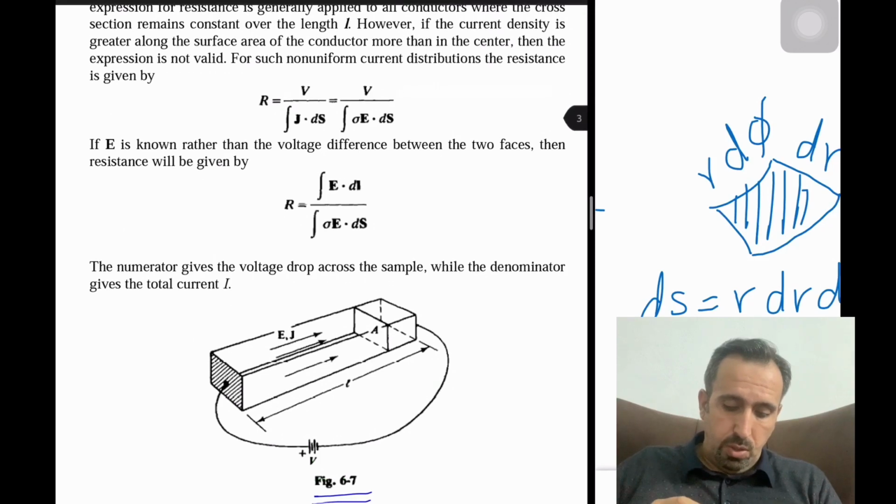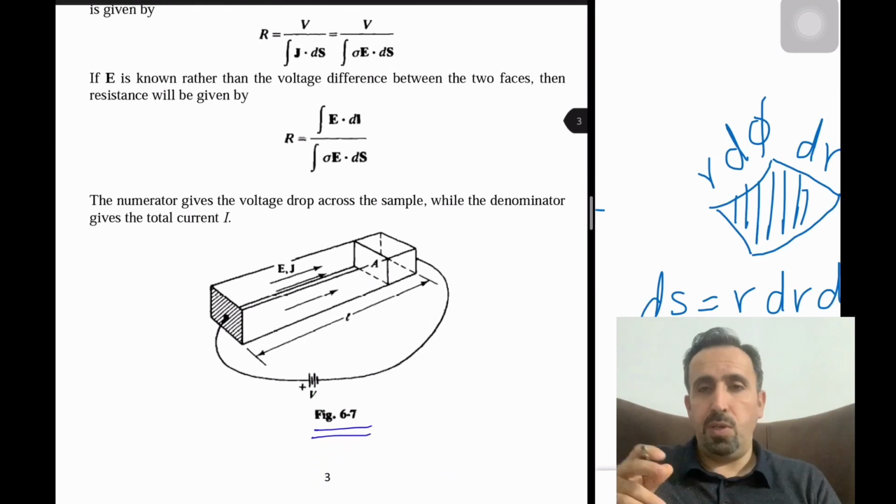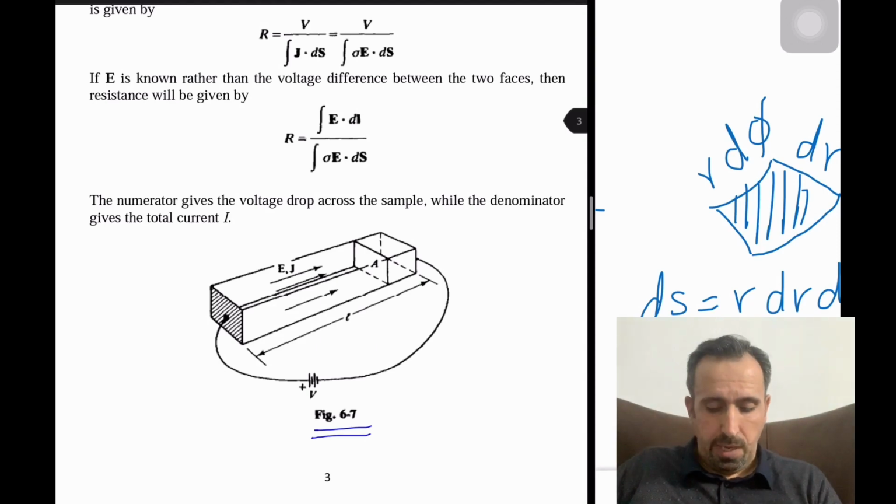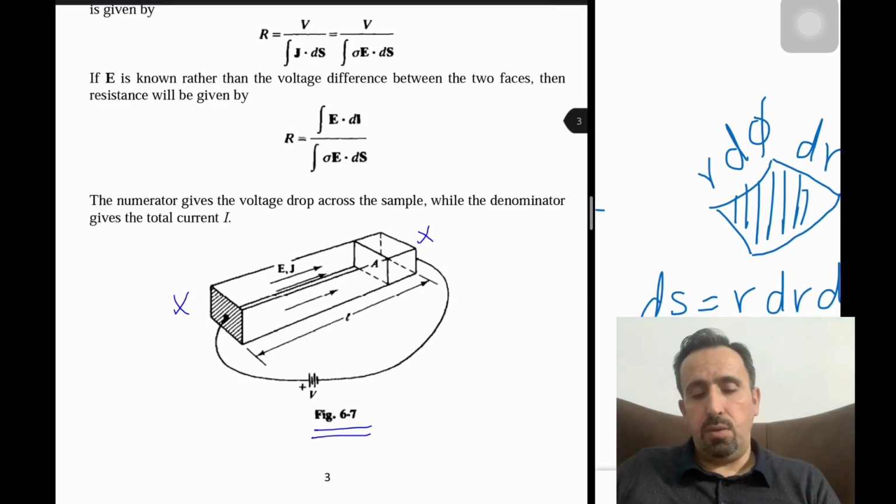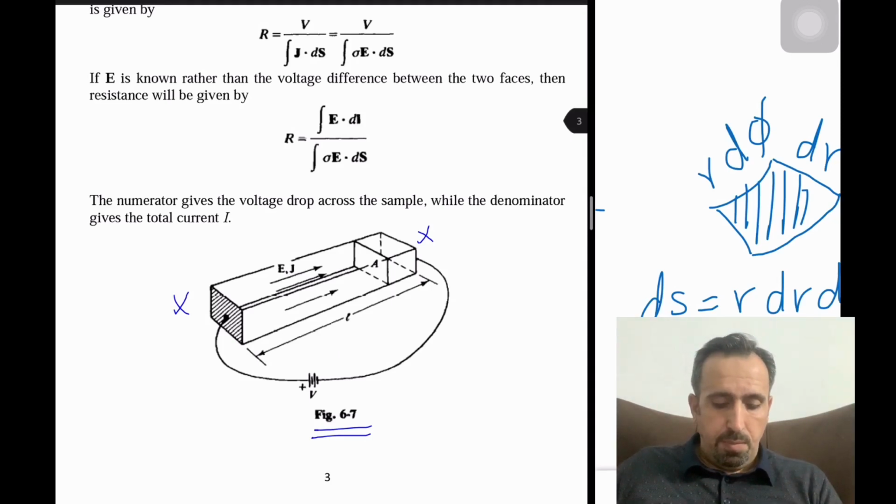Now, if you assume that this piece of conductor is connected to a DC voltage source, it will experience an electric field between both sides of this piece of conductor.